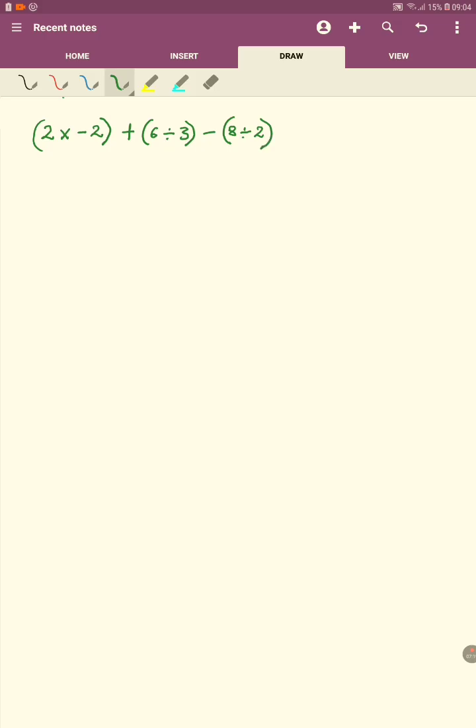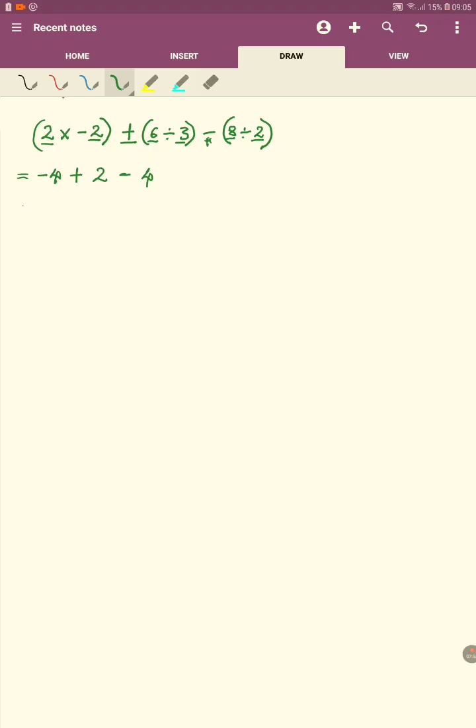You're going to simplify the brackets first. So here I'm going to say 2 times minus 2, I get minus 4. Then I write down this plus. Then I say 6 divided by 3, I get my answer is 2. Then I write this negative, which is minus. Then I say 8 divided by 2, I get my answer is 4.